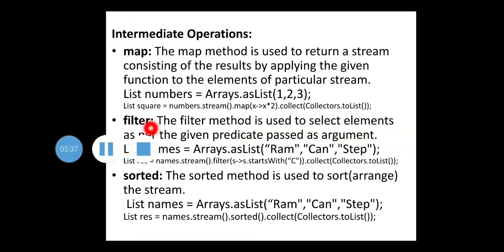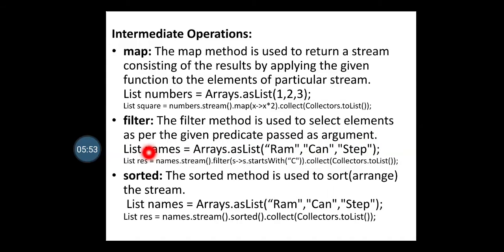Similarly, the next one is filter. The filter method is used to select the elements as per the given predicate. Here the predicate is a condition passed as an argument.